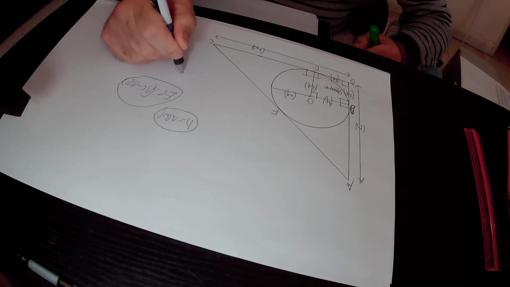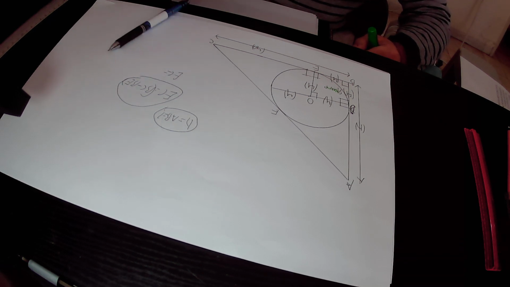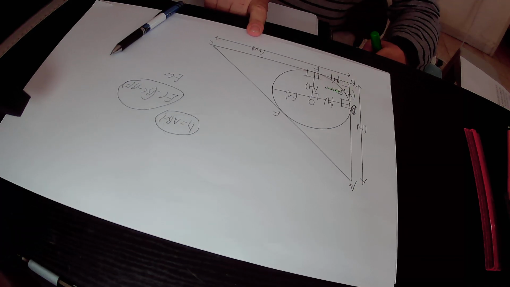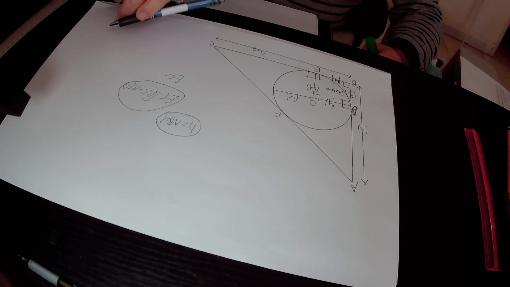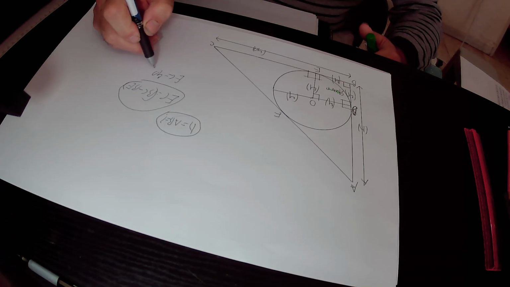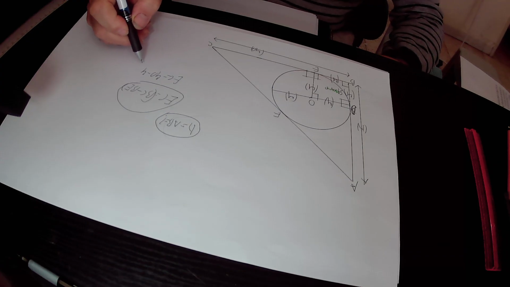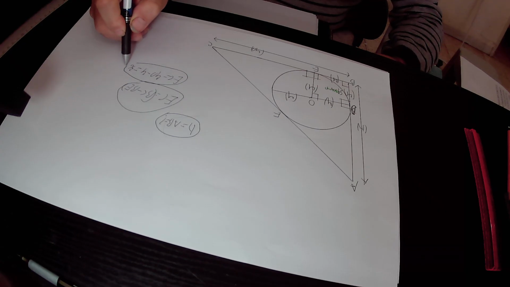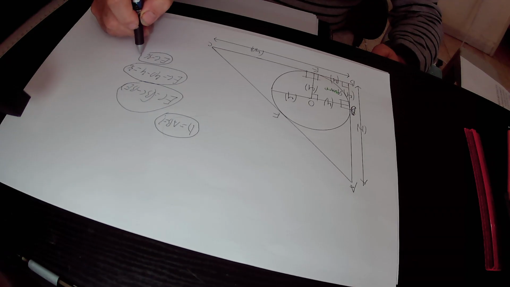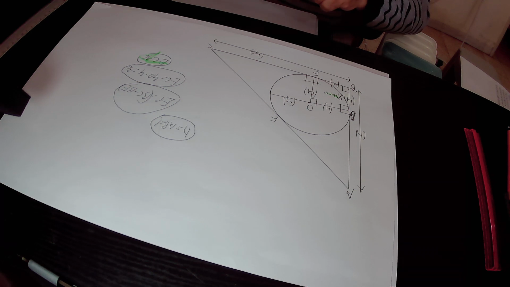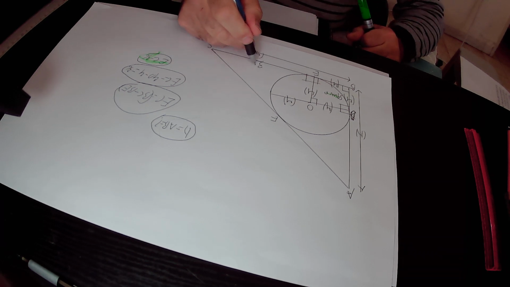So EC in total equals BC, which is 40 units according to what is given in the question, minus BE, which equals 4. So in total it equals 40 minus 4, that is 36. EC equals 36 units in length.